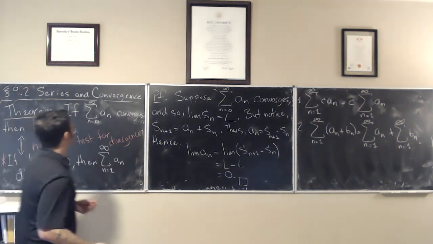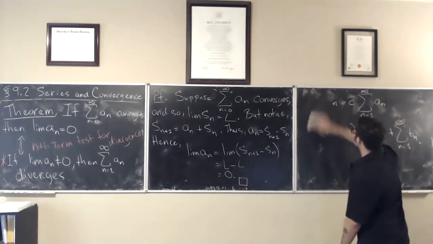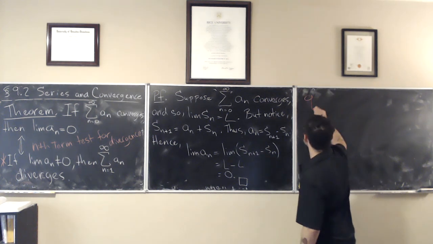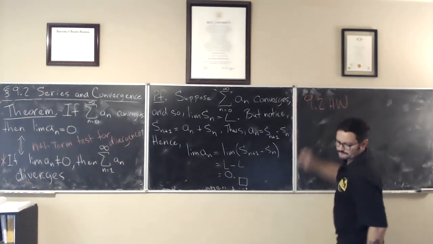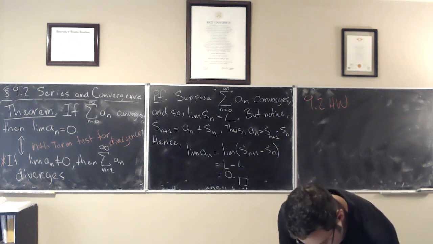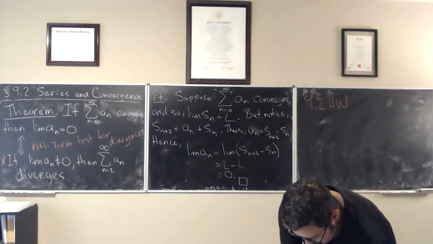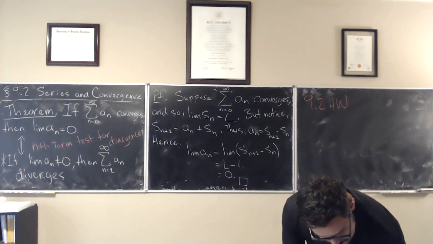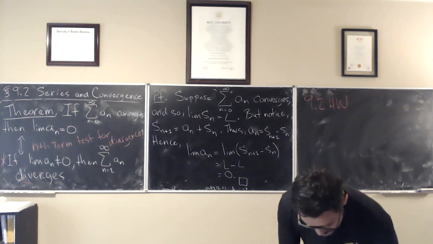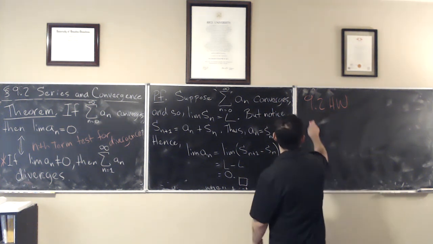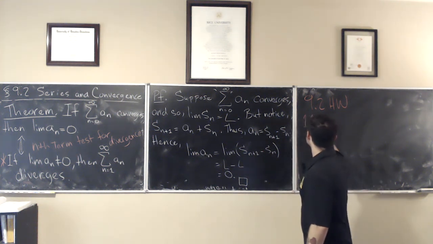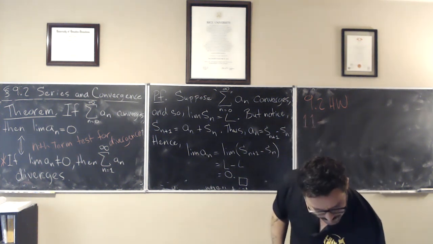All right. So from section 9.2, homework suggestions: probably just 11 through 57.